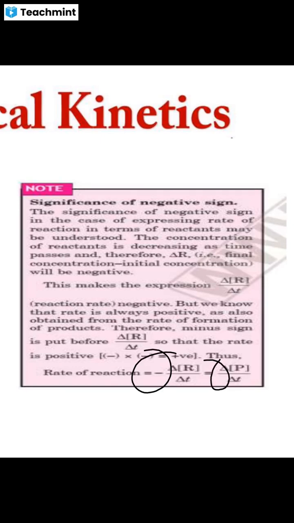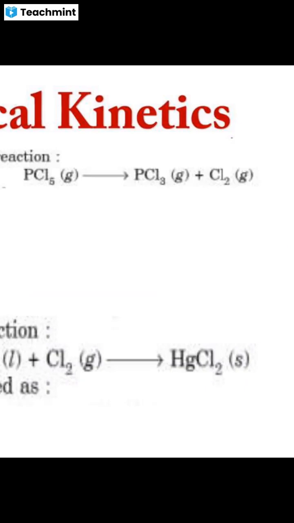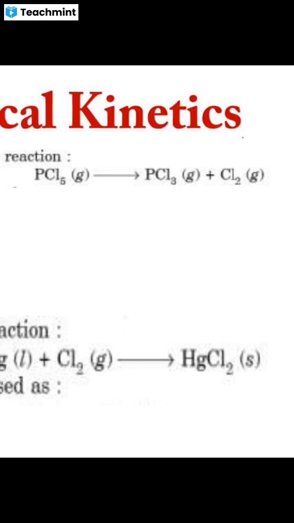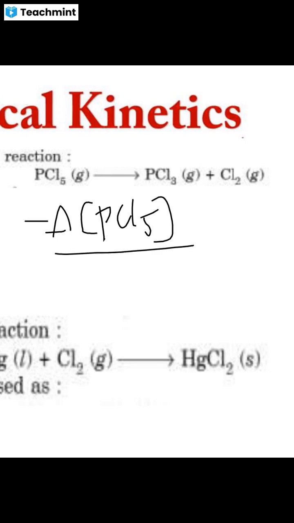I give one example of the average rate of the reaction: the decomposition of phosphorus pentachloride. How can we write the average rate expression? It is the change in the concentration of the phosphorus pentachloride, which is going to decrease, so the negative sign, upon time.